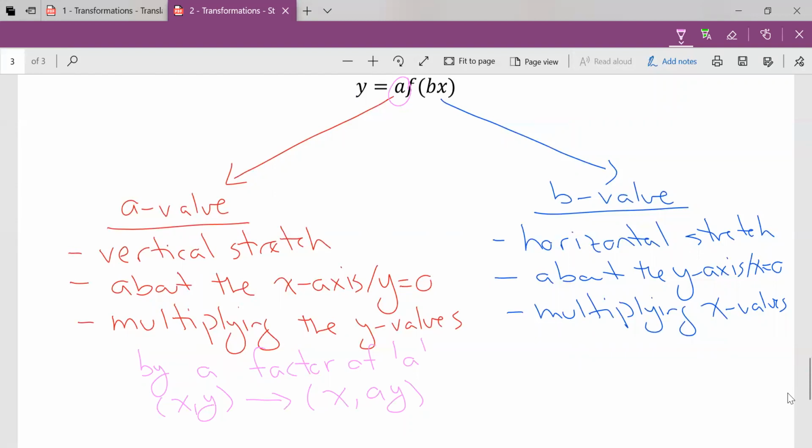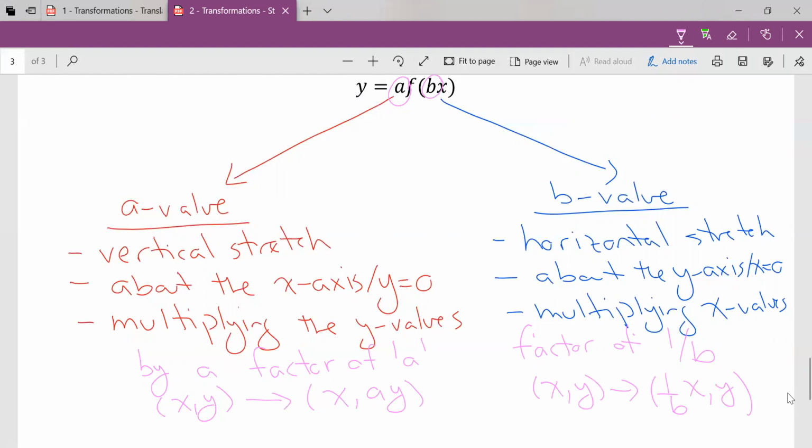For the way it's written up here for the horizontal, what we're doing is multiplying the x values by a factor of 1 over b, the reciprocal. So our map would become x, y goes to 1 over b times x, comma, y.